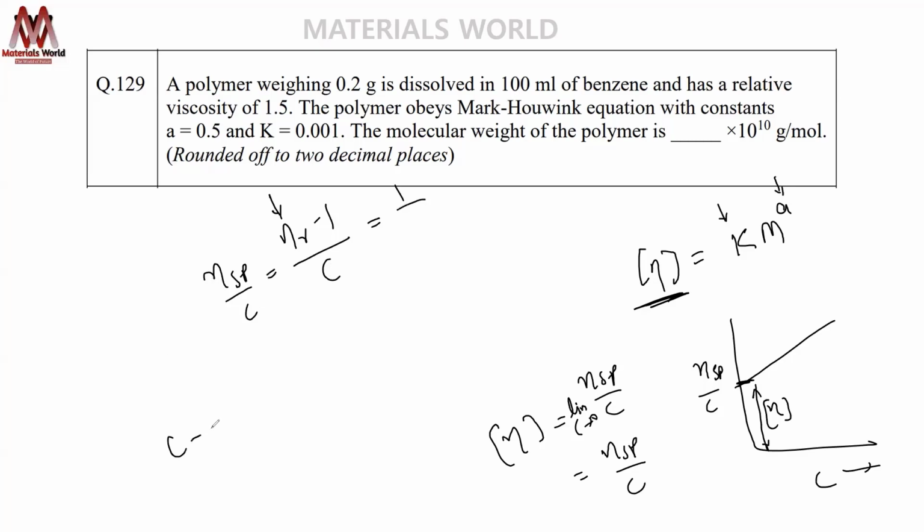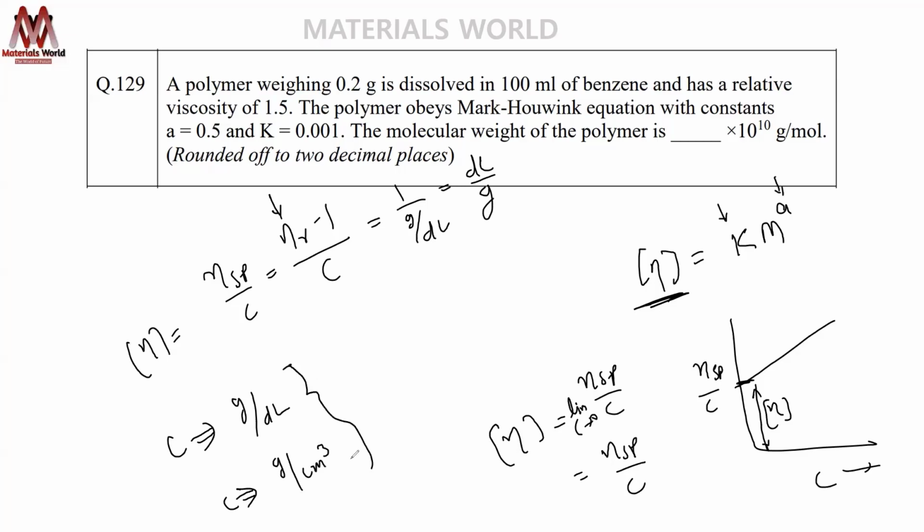Now here is the point. The concentration could be gram per deciliter, in which case your unit of intrinsic viscosity is going to be deciliter per gram. Or C could also be given in terms of gram per centimeter cube. Both options are given in the IUPAC definition of the unit of intrinsic viscosity, if you search on Google.